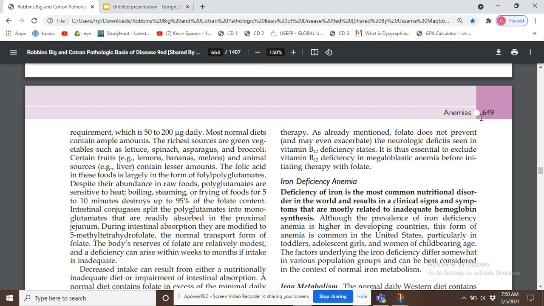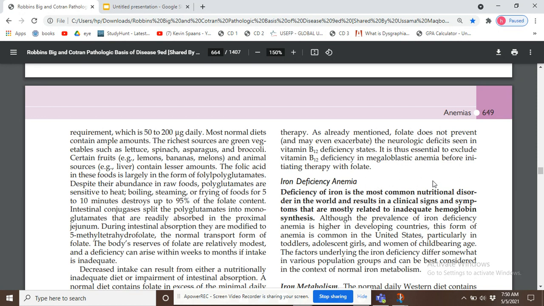It is on page 649. This is iron deficiency anemia. Iron deficiency anemia comes in the category of microcytic hypochromic anemia. It is the most common form of anemia worldwide.